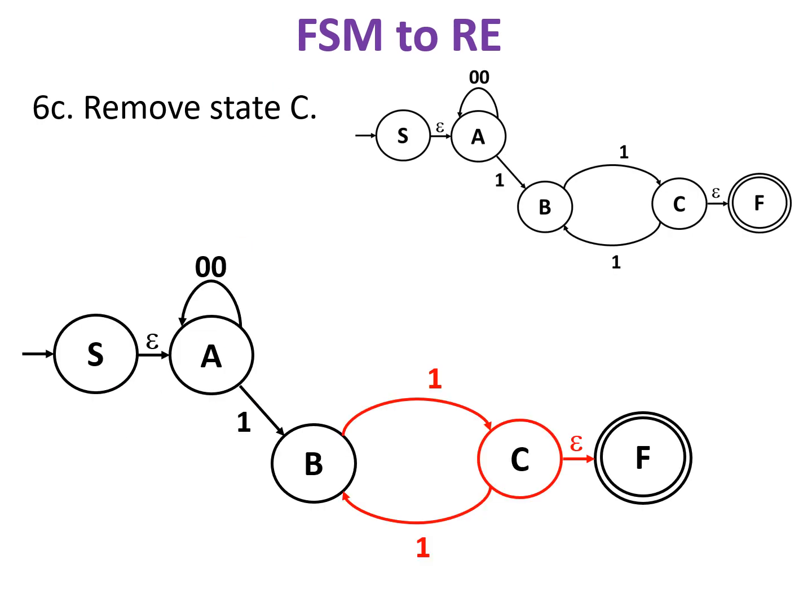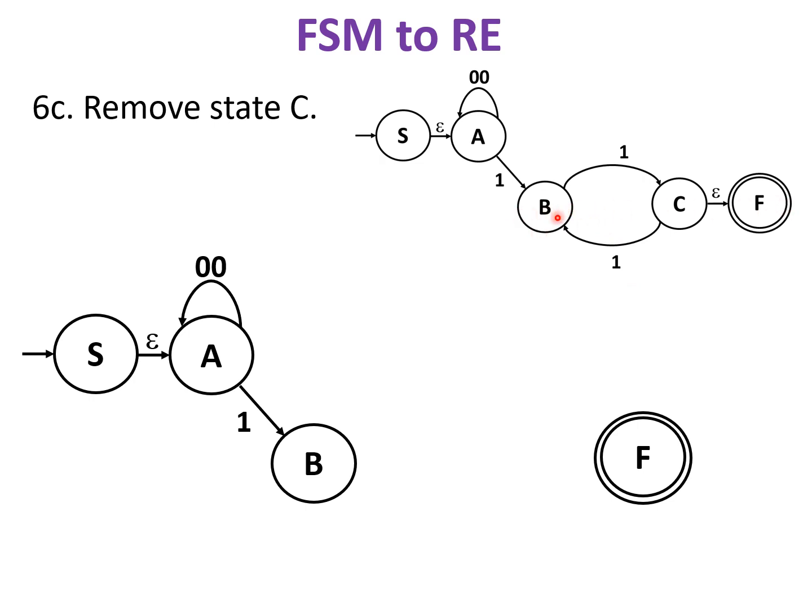Let's eliminate state C. State C has one incoming transition from B and two outgoing transitions, one to B and another to F. On eliminating state C, we get four possibilities. One, do we have any transition from B to F through C?